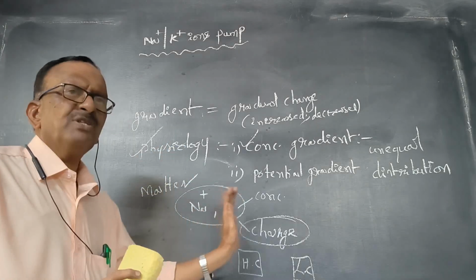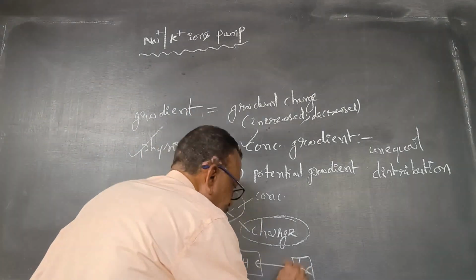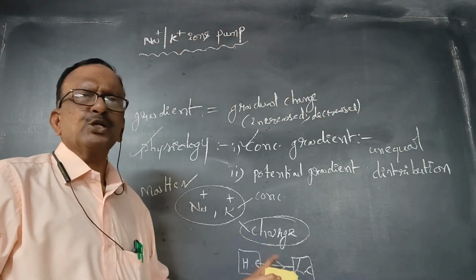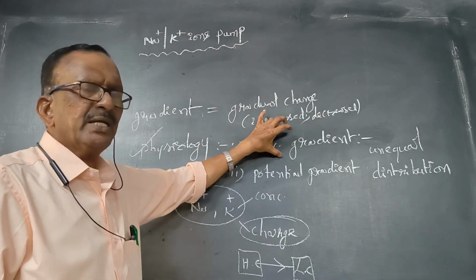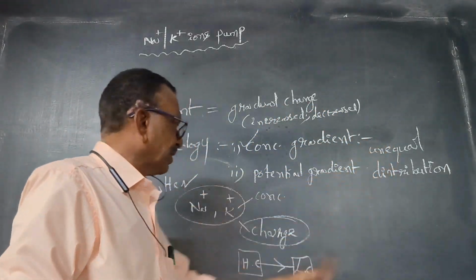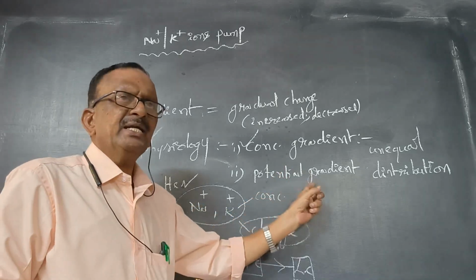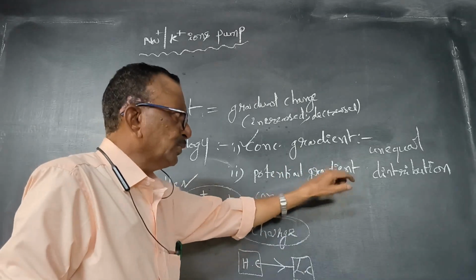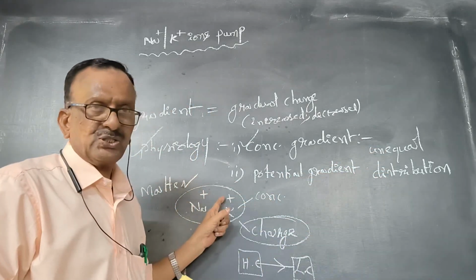From which area to which area are these ions moving? Generally, they move from higher concentration to lower concentration. So this concentration gradient is mainly due to unequal distribution of ions. Why does the potential gradient occur? That is also due to unequal distribution of charges.